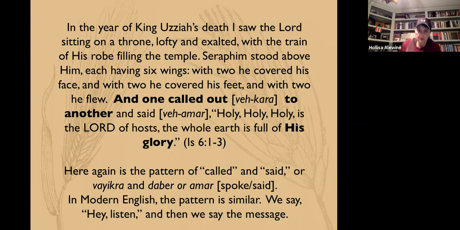And so in this context, the angel calls out, Vayikra, one to another, and said, Ve'amar, holy, holy, holy, kadosh, kadosh, kadosh, is the Lord of hosts. He speaks the sacred name of Yod-Heh-Vav-Heh, the Lord of hosts. The whole earth, notice what he says, is full of his glory.